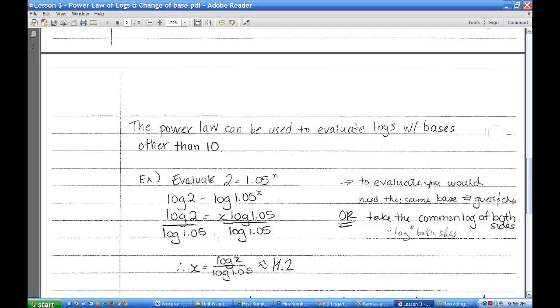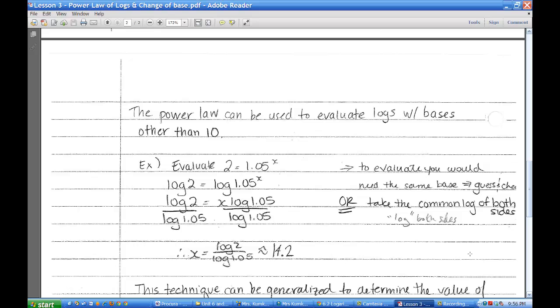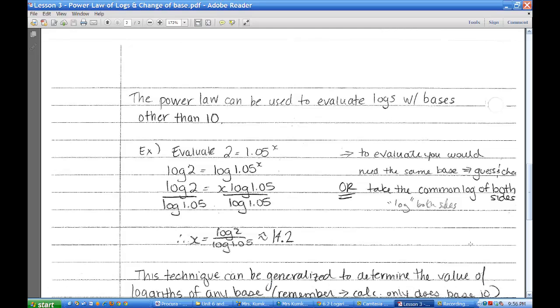The power law can also be used to evaluate logs with bases that are not 10. Always, when you work with exponents, you want to make sure that your base is the same. And sometimes it's really hard, and that's when log comes to help you.